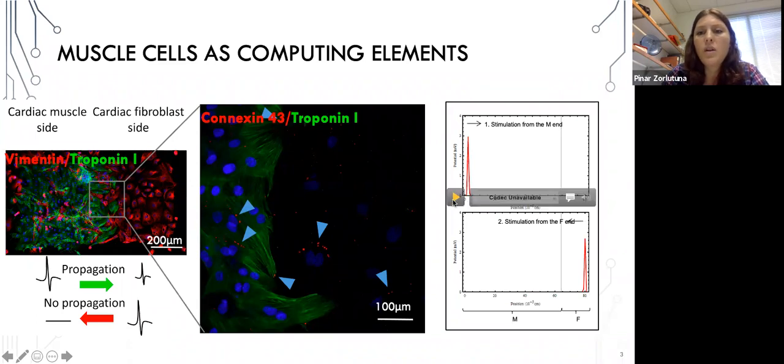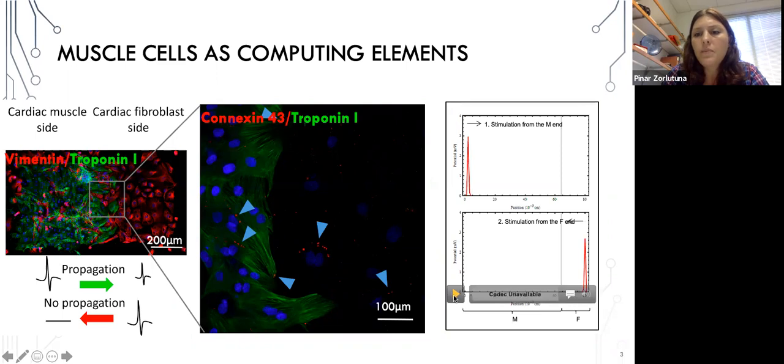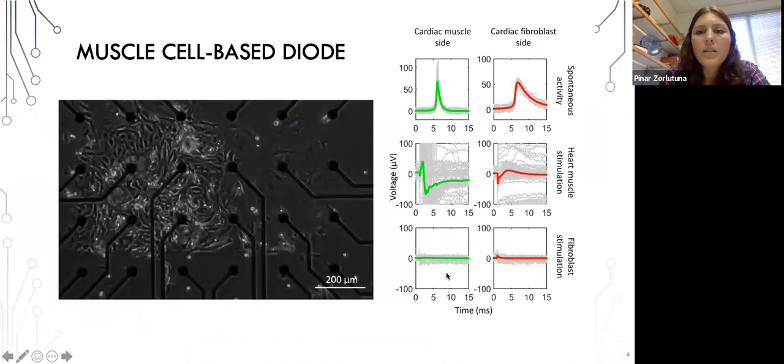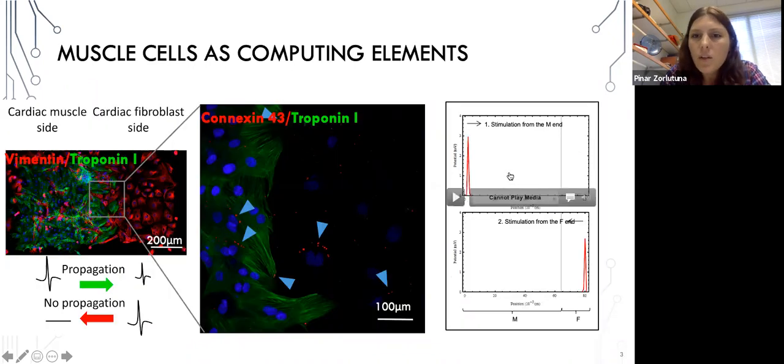This simulation very nicely shows how, if my video works... oh, I cannot play the media. Okay, I'll just explain, because the video is not working here. When a signal hits a patterned cardiomyocyte-fibroblast structure, which could be as simple as this little rectangular pattern, the heart muscle side receives the signal and in response creates an action potential that propagates throughout the cardiac side.